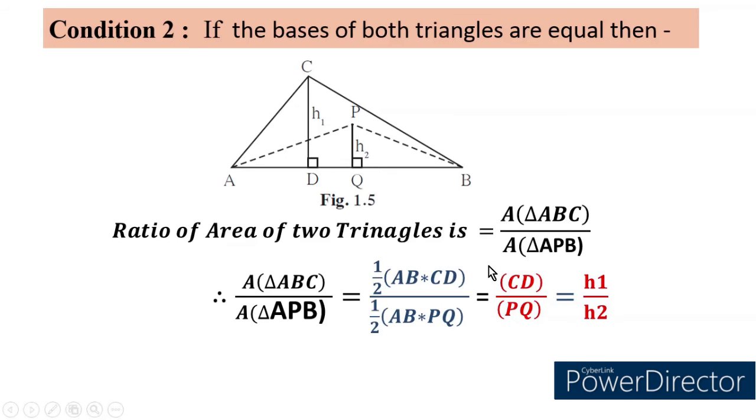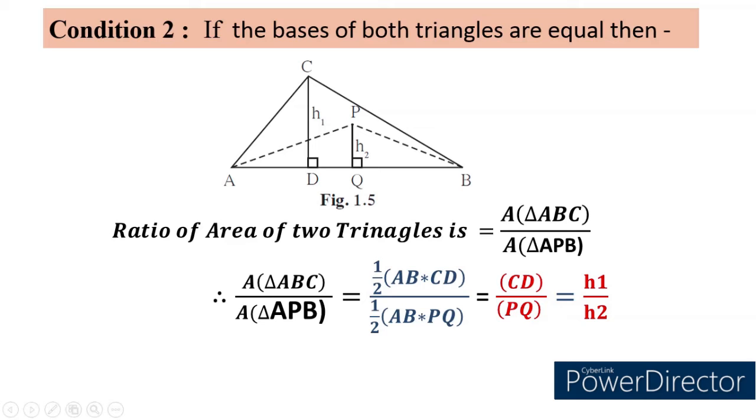Now the scenario will be: area of triangle ABC divided by area of triangle APB is equal to 1 by 2 into AB into CD, where CD is the height, divided by 1 by 2 into AB into PQ, where PQ is the height. The AB gets cancelled, 1 by 2 gets cancelled, we have CD upon PQ.